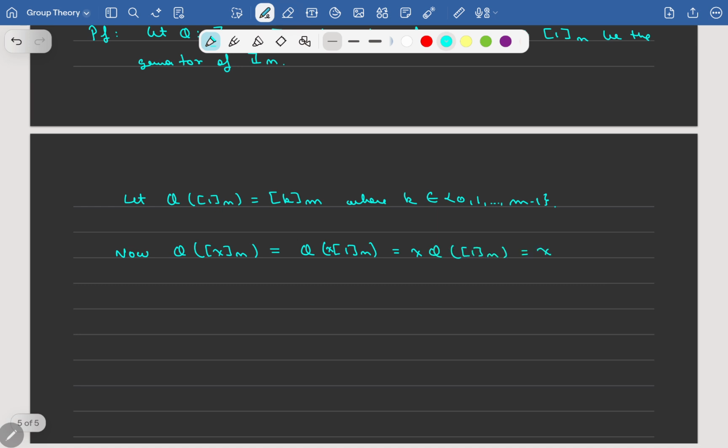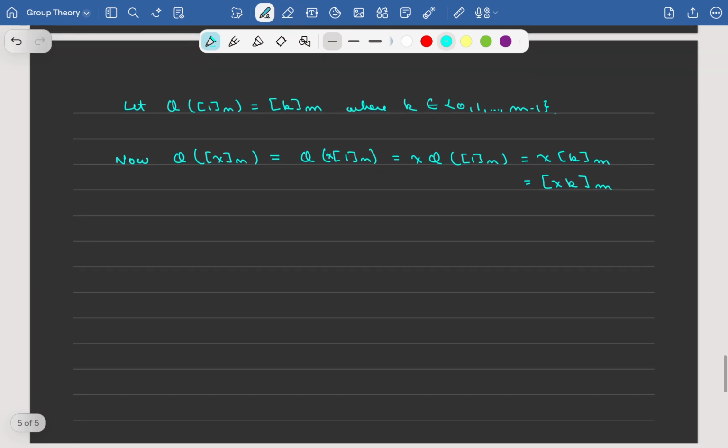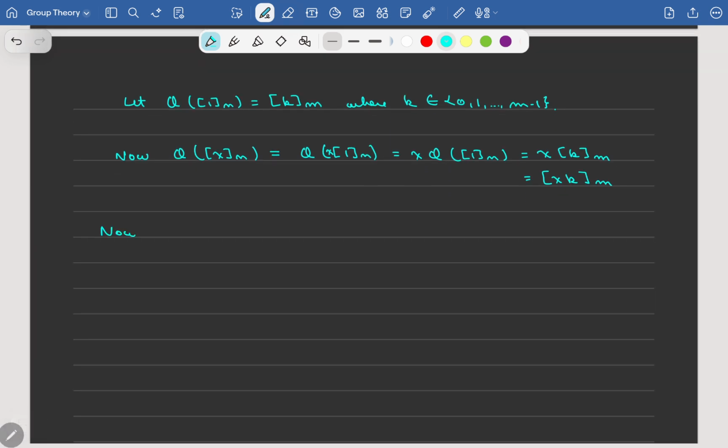So this should be exactly equal to k times x, so this should be exactly x times k mod m. So this actually represents mod m, nothing else. Now what do we need for phi to be a well-defined homomorphism? Now firstly n times the generator must be 0, right, by Lagrange's theorem.